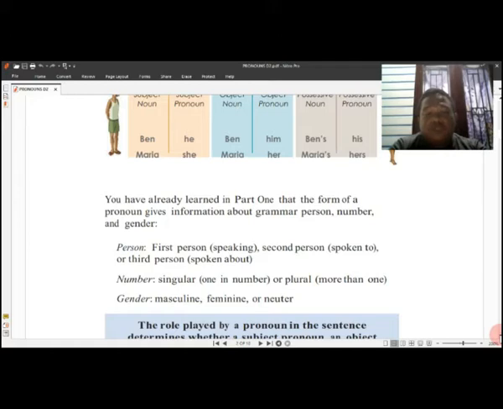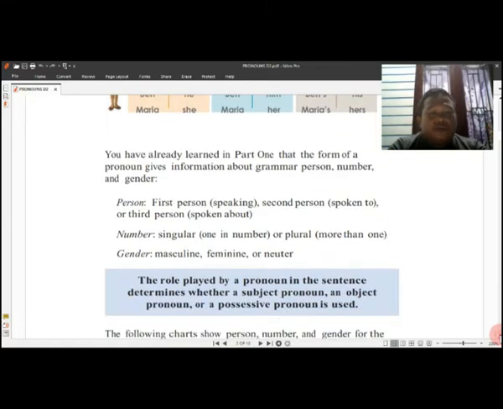The first is masculine, which stands for man, feminine, which stands for woman, masculine for male and feminine for female, or neuter, which stands for things that we cannot define as masculine or feminine. Okay, we continue.